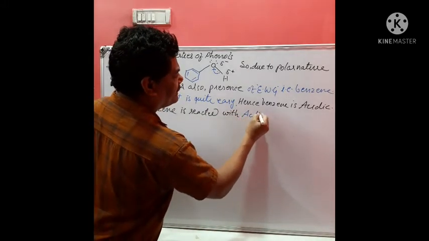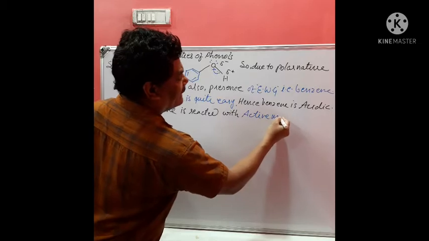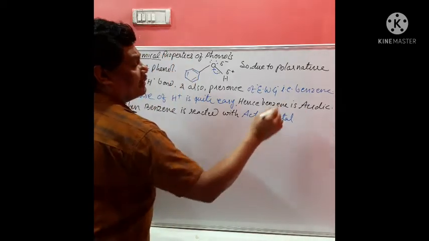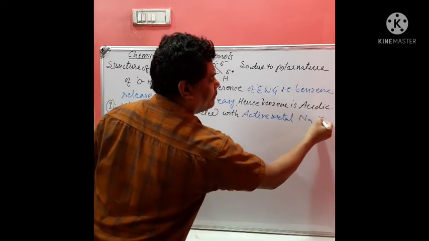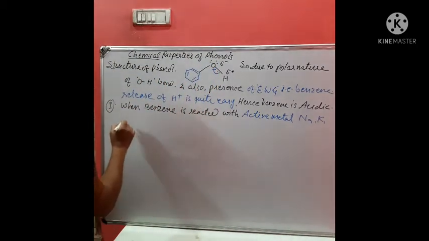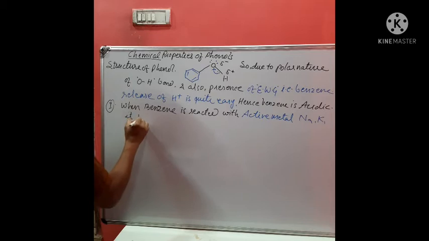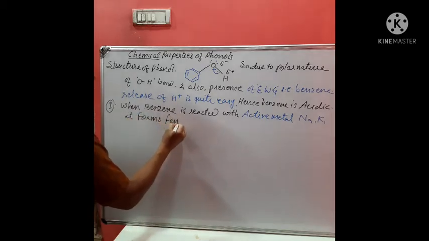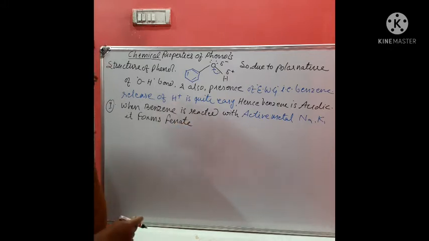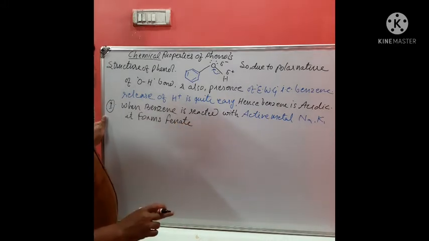Active metals means highly reactive metals, like alkali metals, you can write sodium, potassium. Okay, it forms phenate.